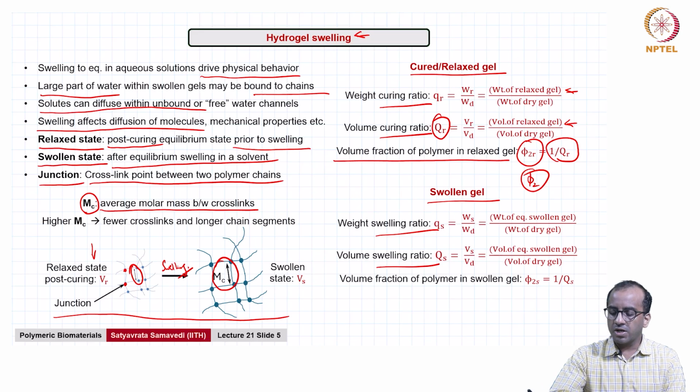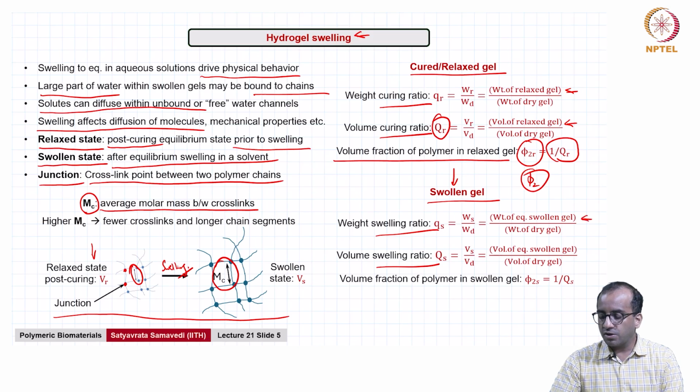Likewise, analogously, you can also define similar parameters for a swollen gel, where weight swelling ratio is just the weight of equilibrium swollen gel in water to weight of dry gel, and volume swelling ratio, which is given as capital QS, is volume of equilibrium swollen gel to volume of the dry gel. And analogously, you can also define volume fraction of polymer in the swollen gel, which is Phi2S, which is 1 over QS.